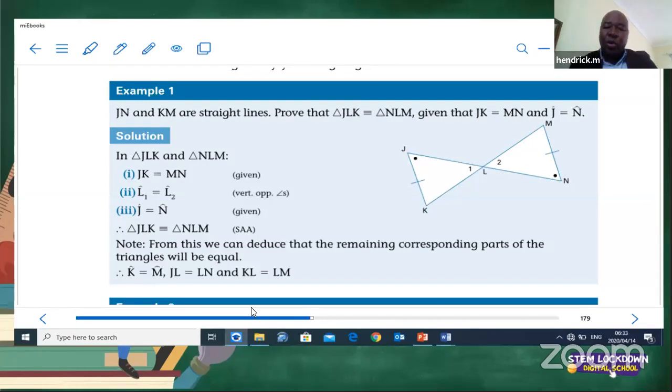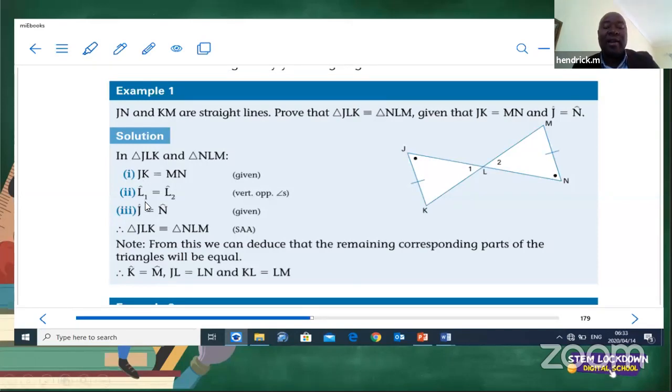Now, if you look at the following triangles, you can see that in triangle JLK and triangle NLM, JK is equal to MN. Why? That is the information that you are given.